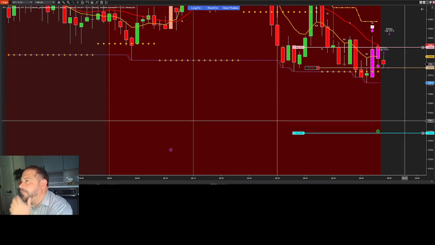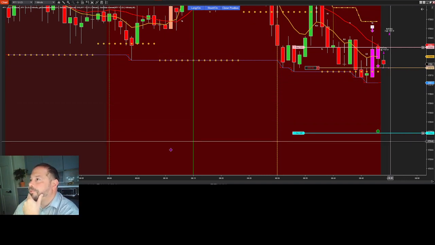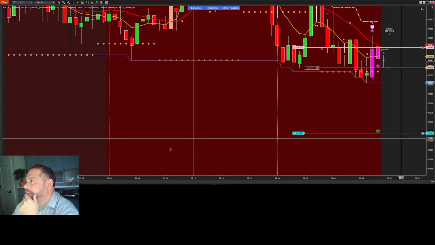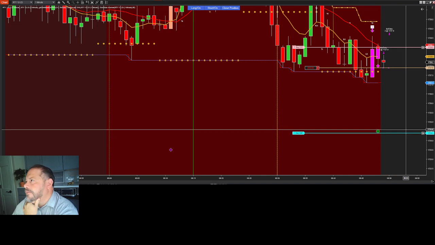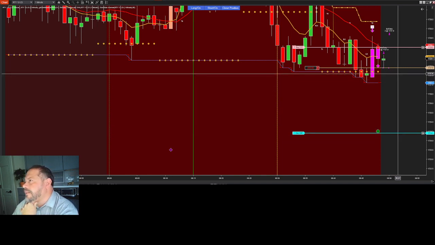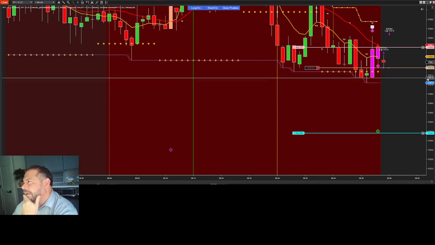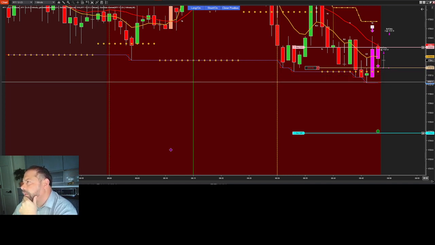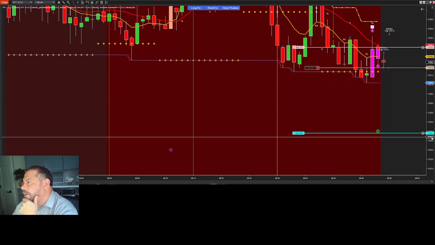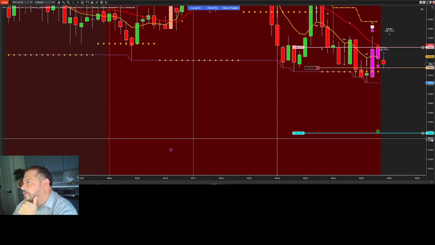I've got a pretty aggressive take profit. So here's the trade. It took it in at 1727.9. It's looking for a take profit at 1724.5, so roughly 3.5.